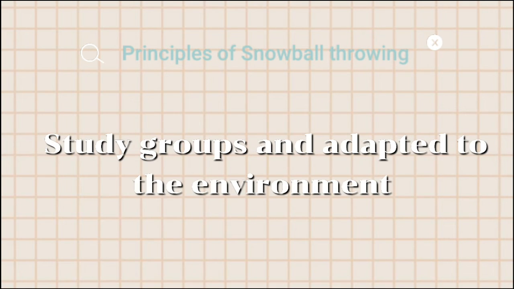Students are required to be able to collaborate with study groups and be able to adapt to the environment, because snowball throwing is one of the scopes of the cooperative learning model.